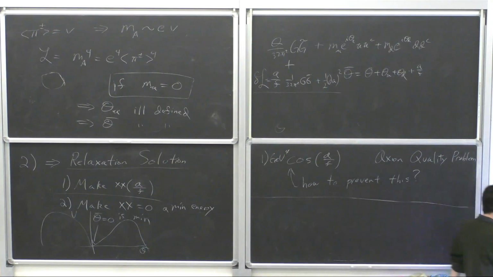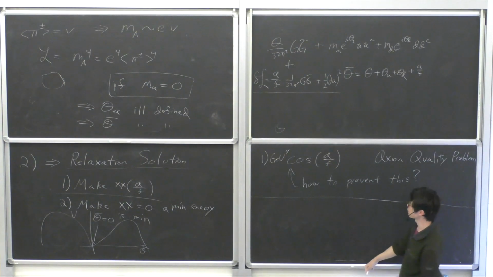So this is part of the reason why the Axion is popular. In terms of problems, and I guess, unfortunately, opportunities, there's basically only one problem that people have worked on.